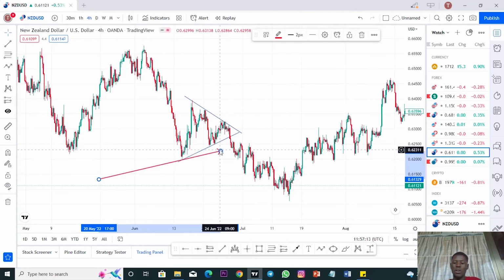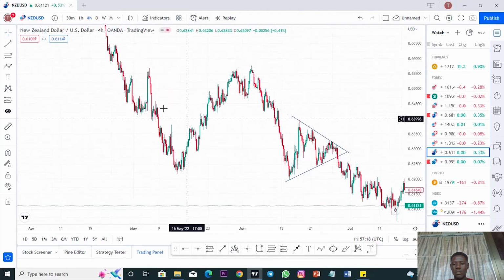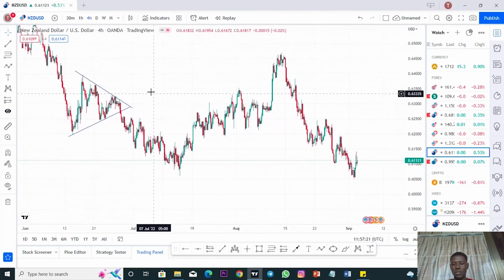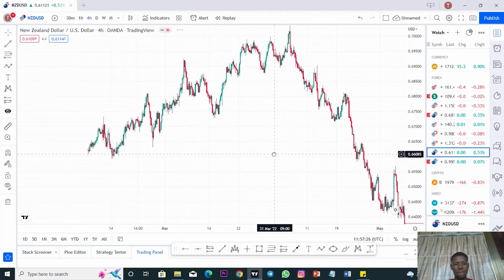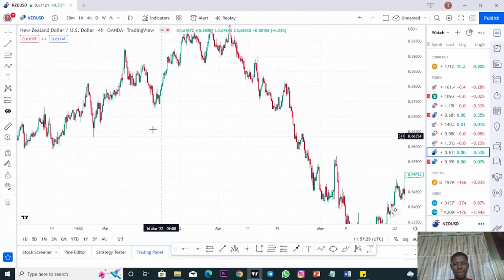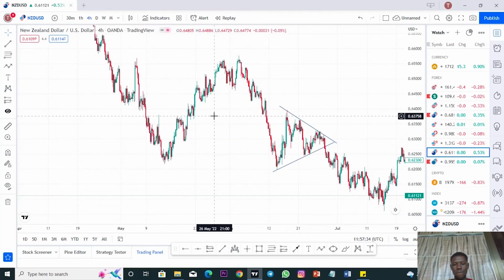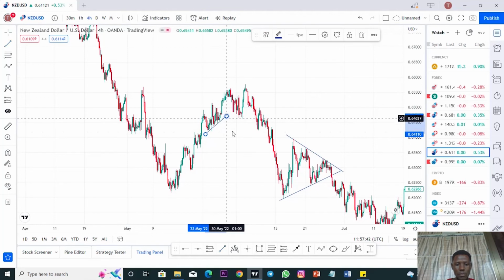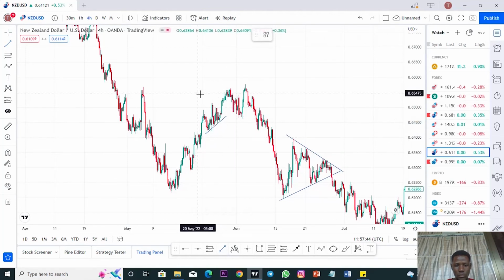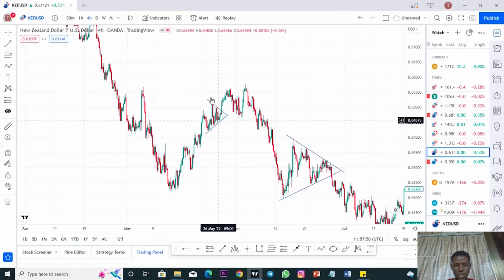Let's look for another continuation pattern again. It looks like I spotted a continuation pattern here. Okay, this is another continuation pattern.